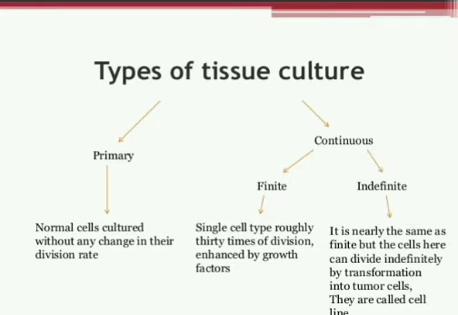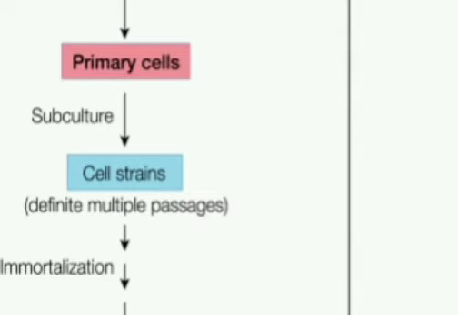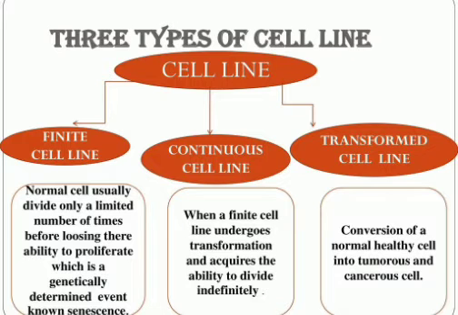Which type we use depends on the requirements of the research work. For example, in wound healing studies we don't use the transformed cell line; we go for normal cells, so we use the finite cell line.